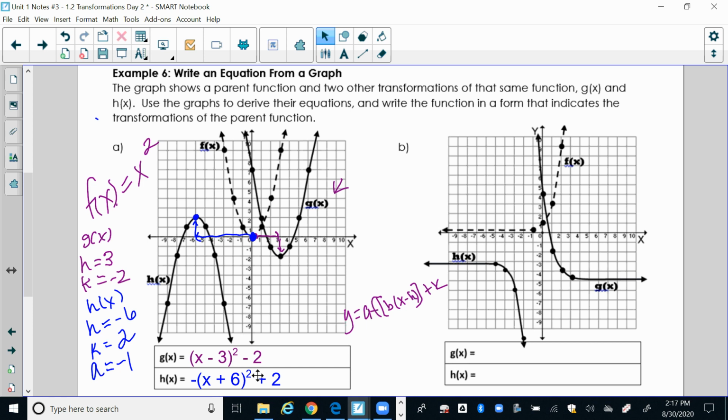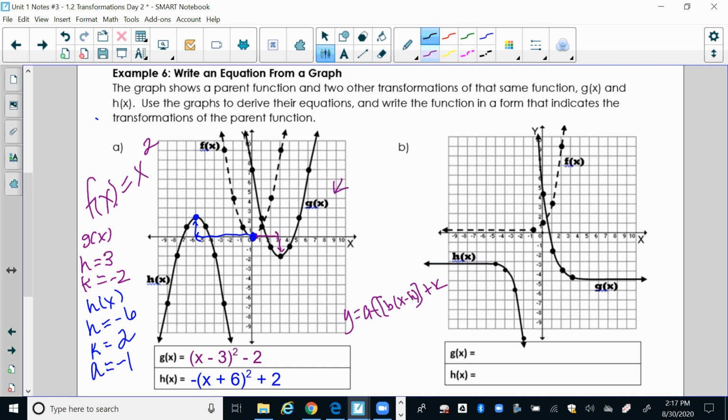All right, looking at our next graph, b. We have our parent function here, f of x. We have not seen this graph probably since Math 1. Maybe you did a little bit in Math 2 with exponential functions, but it's probably not been since Math 1. So if you get to a graph like this where you're not really sure what the parent function is, I think it's helpful to look at the coordinates.